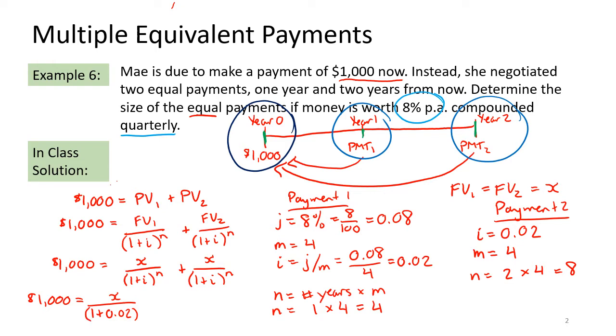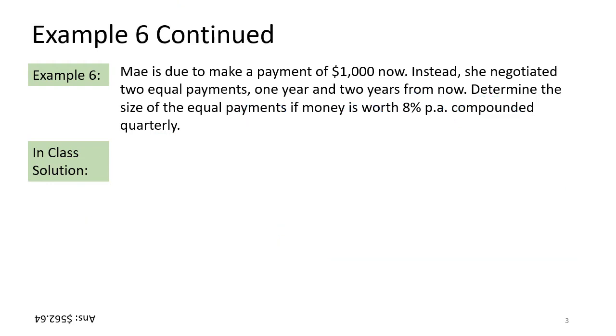Again, that is raised to the exponent 4 for this payment, plus x divided by 1 plus 0.02. And in this instance, it's raised to the exponent 8 for the second payment. Okay? So I'm going to move this equation just to the next slide so we can continue the calculation.